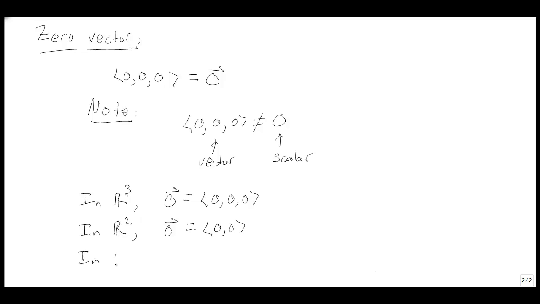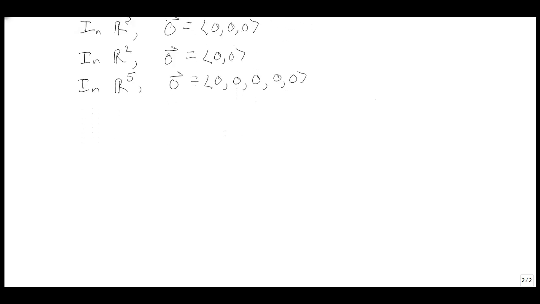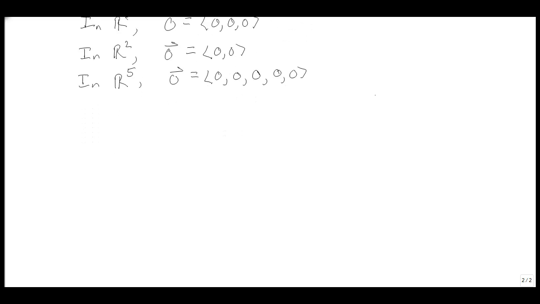Or if we're in R5, say, then the 0 vector is a vector of 5 zeros. 1, 2, 3, 4, 5. So we use the same notation for each of these, and it's hopefully clear by context which one you mean. Sometimes you might dress that notation up if it was not clear for some reason. Put a 2, 3, or 5 on it. Okay.